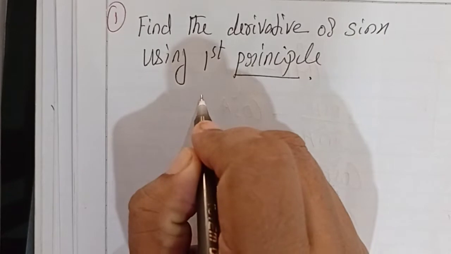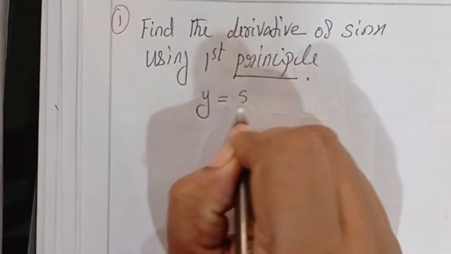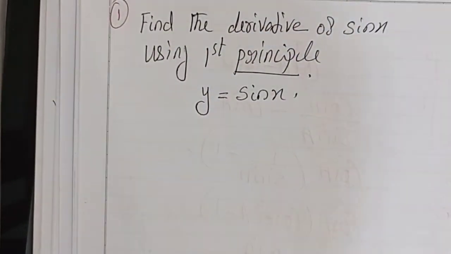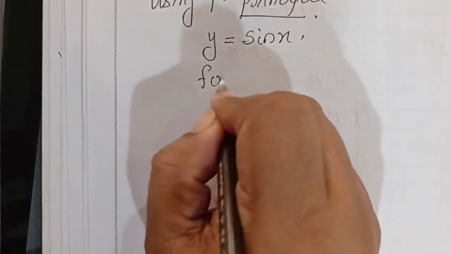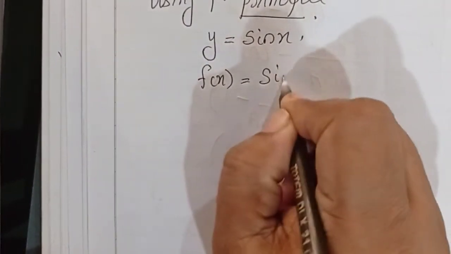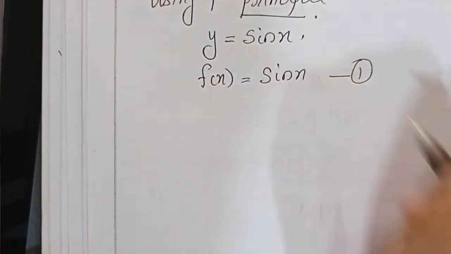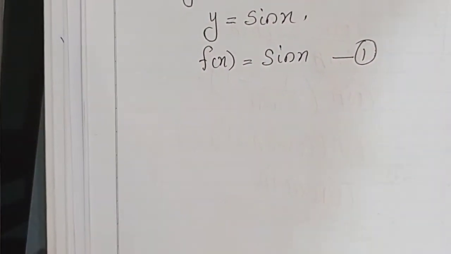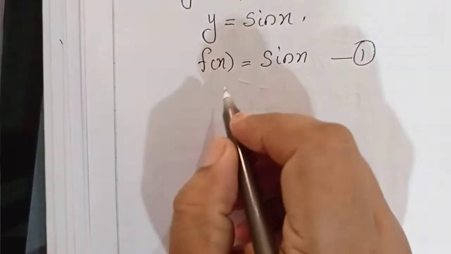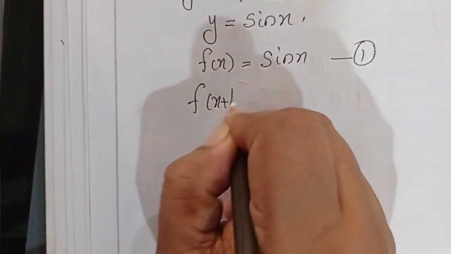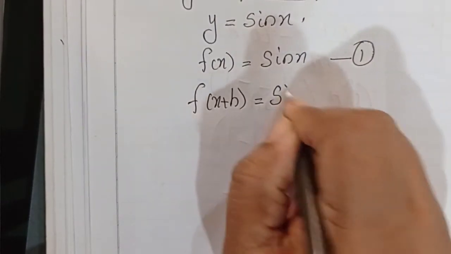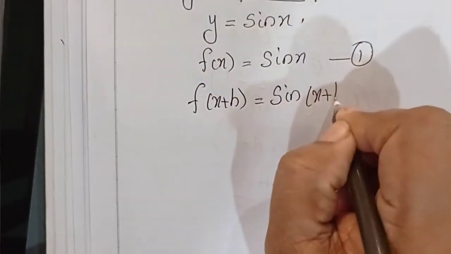Right. Here, y equal to sin x. We know that y means f of x equal to sin x. Put equation 1. We know that h be the small increment. Therefore, f of x plus h is equal to sin of x plus h.